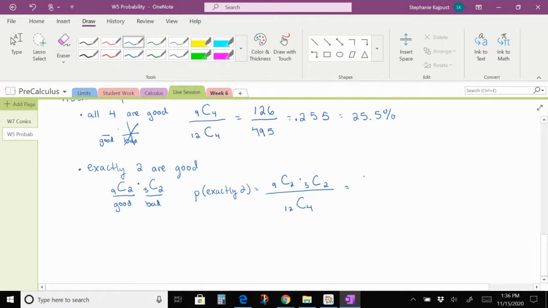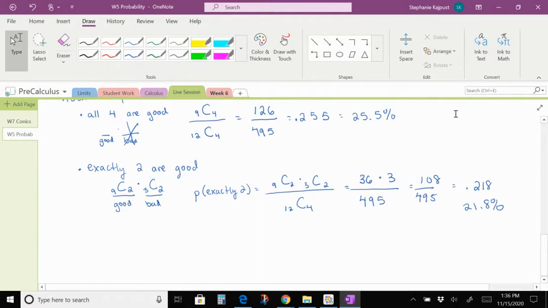So 9 choose 2 is 36. 3 choose 2 is 3. And then we know 12 choose 4 is 495. That is 108 over 495, and that is 0.218 or 21.8%.